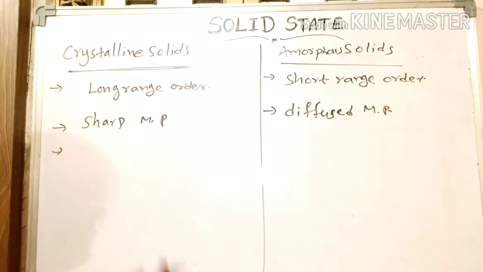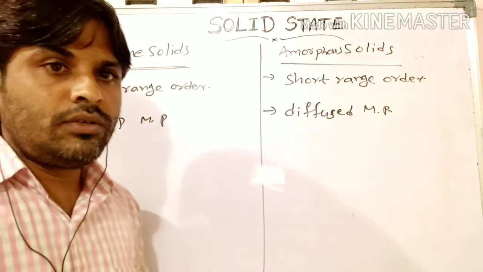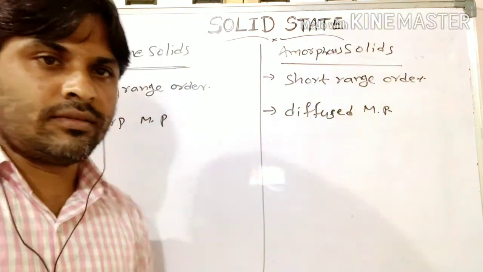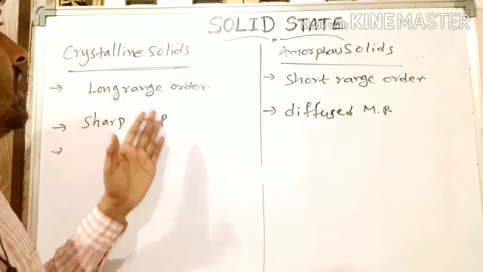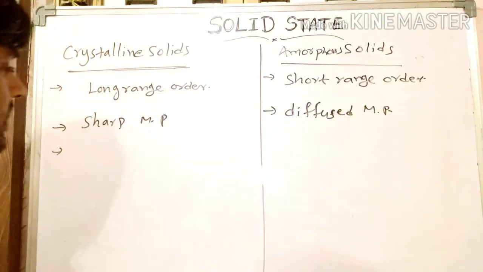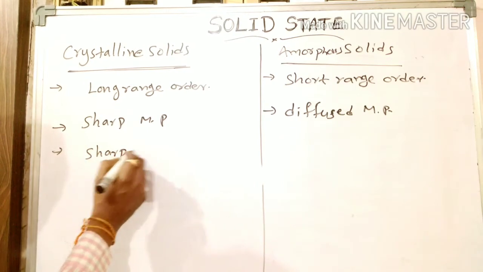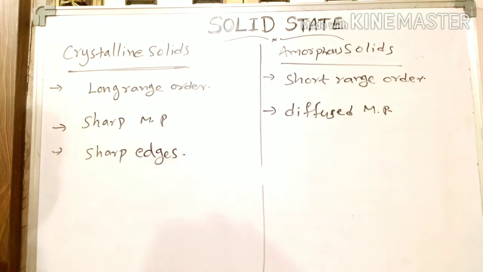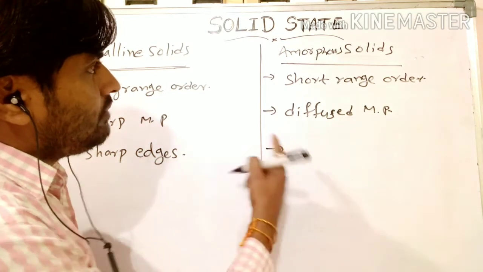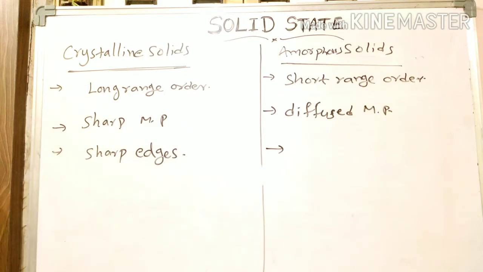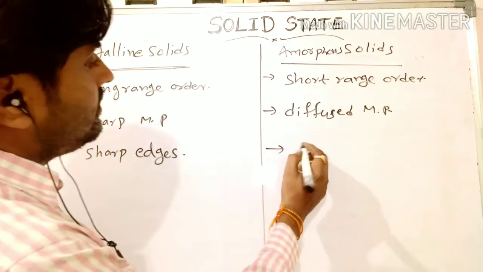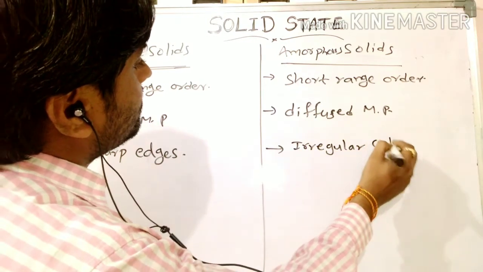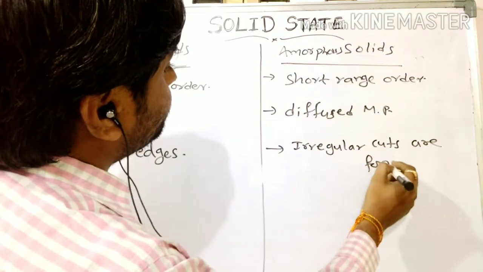When we cut crystalline solids with a knife, sharp edged pieces are formed. But amorphous solids give irregular cuts; pieces with irregular cuts are formed.